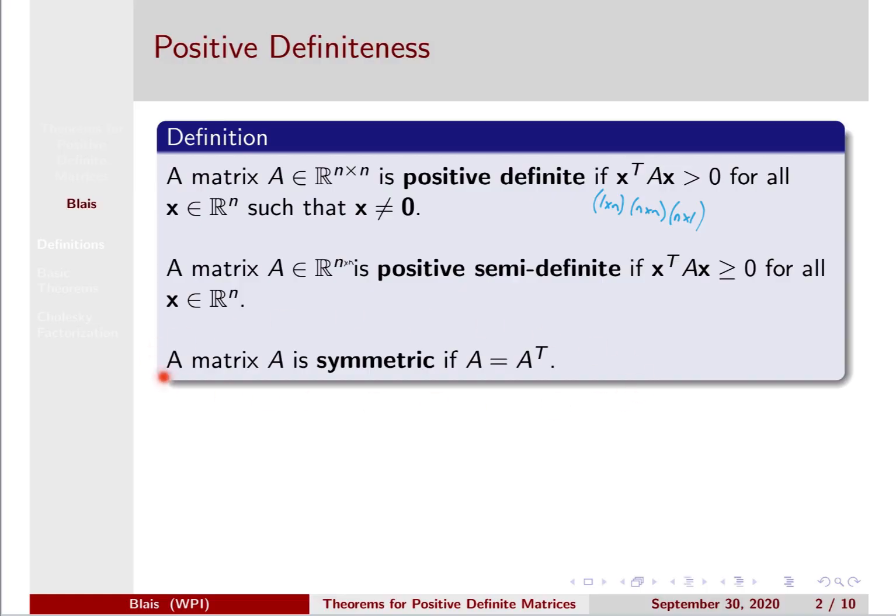And finally, we recall the definition that a matrix A is symmetric if A equals its own transpose. That means that it is a reflection about the main diagonal. So if you have your main diagonal here, then everything below the main diagonal is a reflection of everything above the main diagonal.